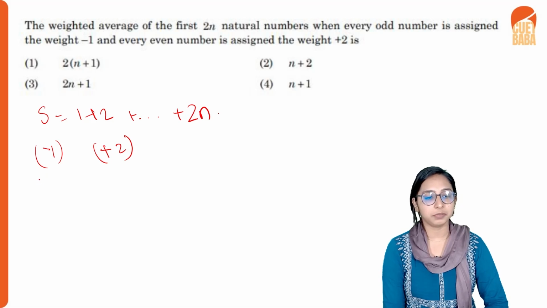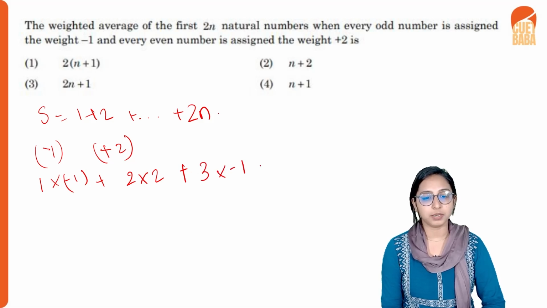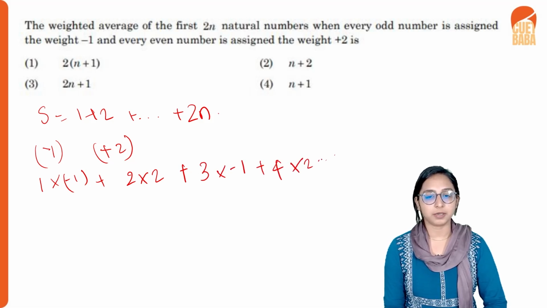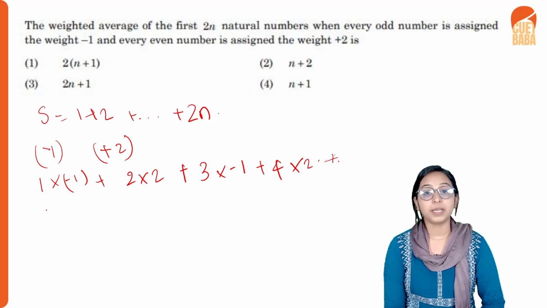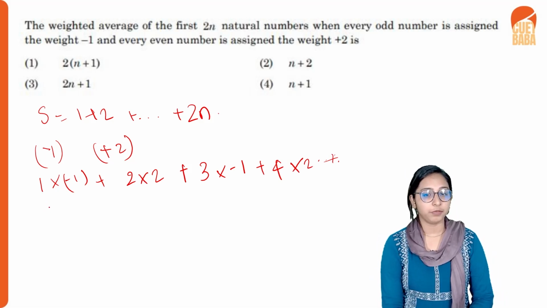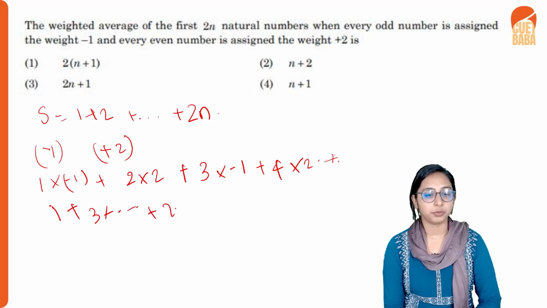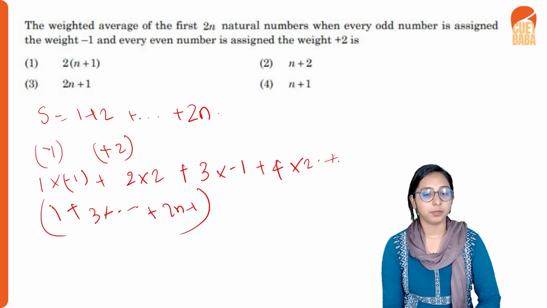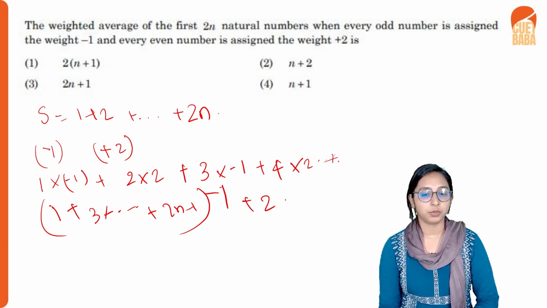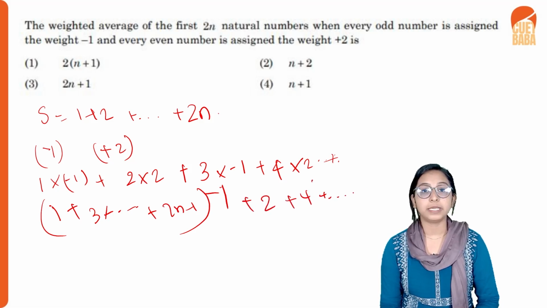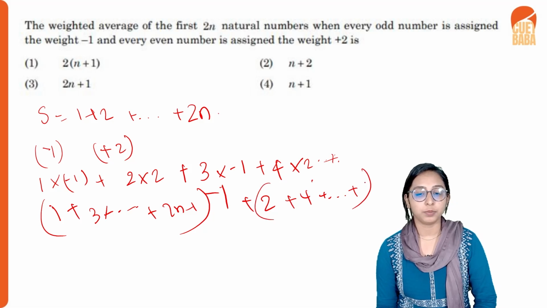So it will come like 1 into -1 plus 2 into 2 plus, again it's an odd number, 3 into -1 plus 4 into 2 etc. So by calculating this and simplifying the equation, we will get 1 plus 3 plus etc. plus 2n minus 1, into -1, plus 2 plus 4 plus etc., those all even numbers, into +2.